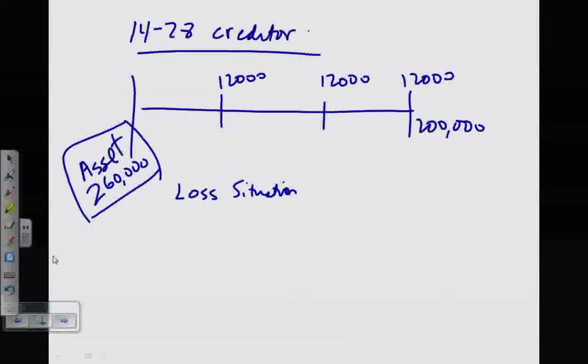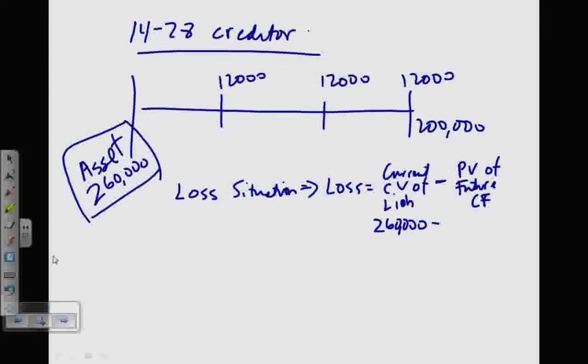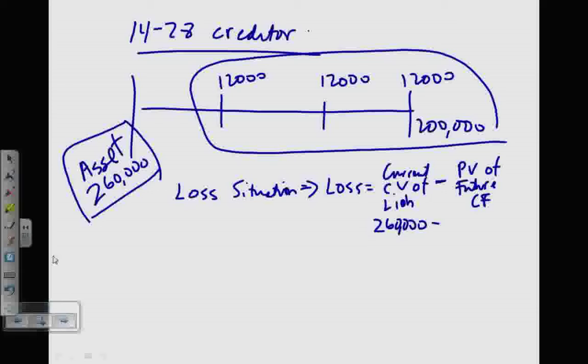And that loss equals the difference between the current carrying value and the present value of the future cash flows, the discounted cash flows. So in this case, we have $260,000 minus, well, what is the present value today of this at the old effective interest rate of 12%.